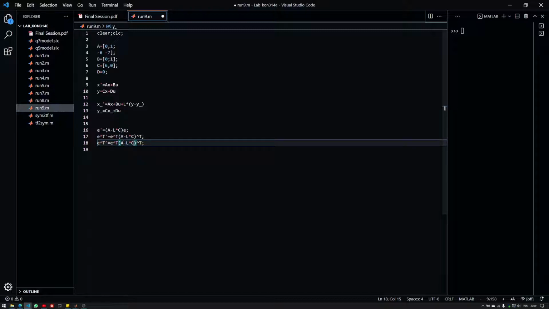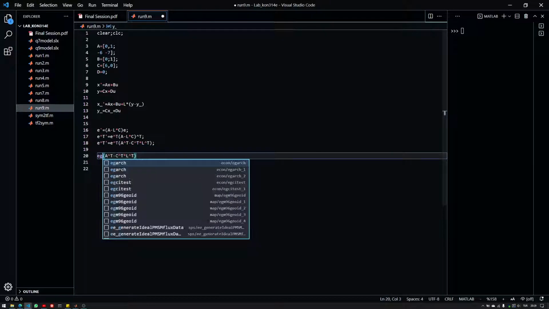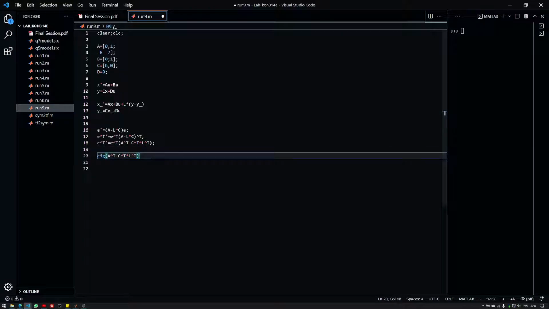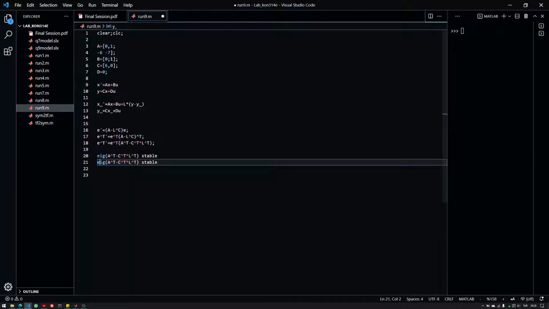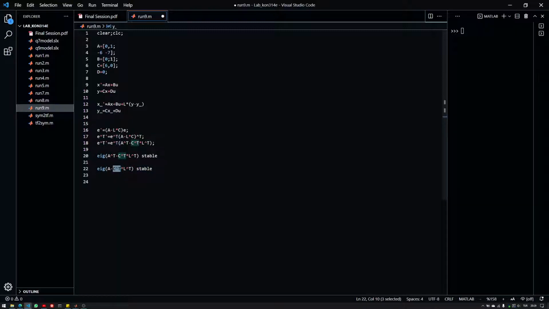And then this would give me A transpose minus C transpose L transpose. So this still doesn't look familiar, I know, but this should. So if the eigenvalues of A transpose minus C transpose L transpose are stable, then I might rename them as another A, call this B, and call this K.